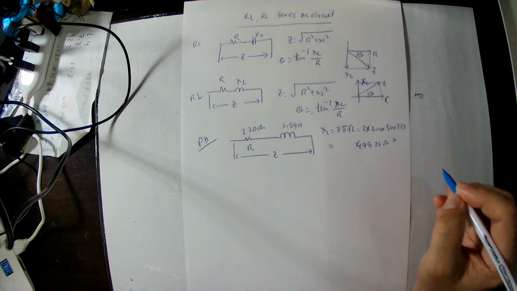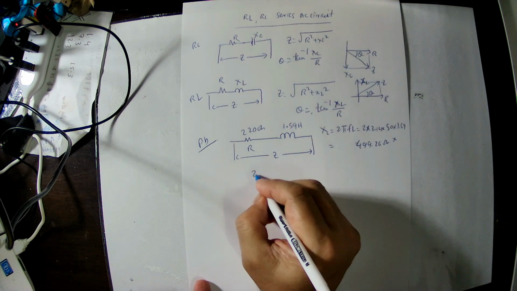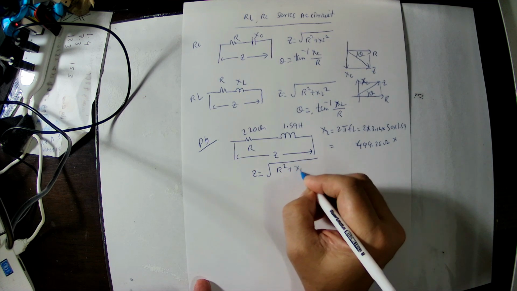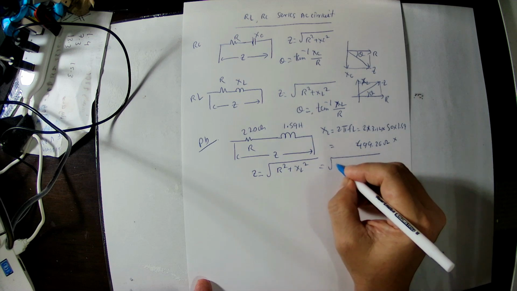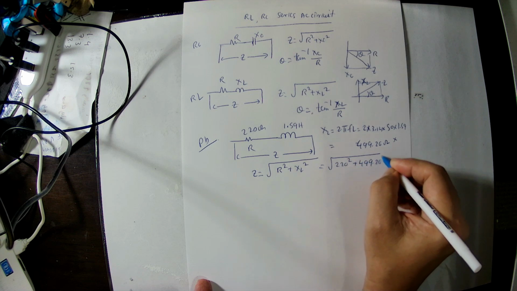So then we calculate the impedance Z. Z equal to square root of R square plus XL square. The square root of R is 220 square plus 499.26 square.